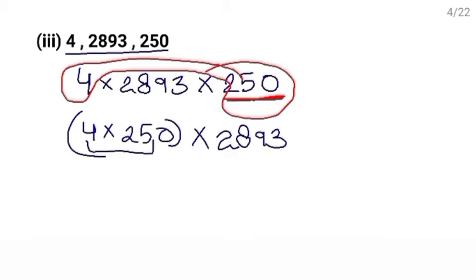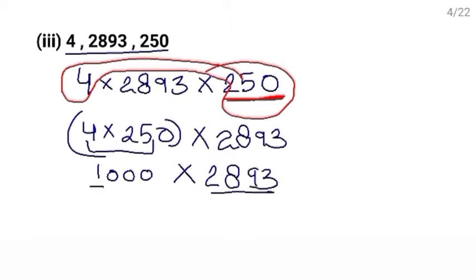When you multiply these two numbers, you know 25 4s are 100 and then you have 1 zero. So this is 1000. Multiply by 2893. Can easily multiply 2893 by 1. You will get the same number. 2893 ones are 2893. How many zeros were there? 3. So put 3 zeros.